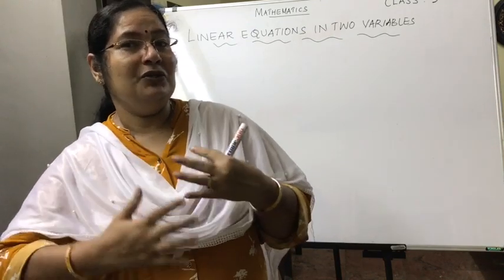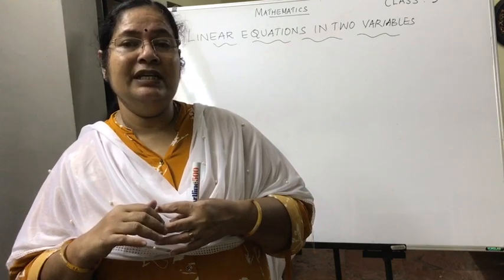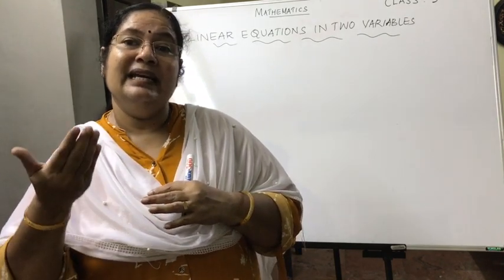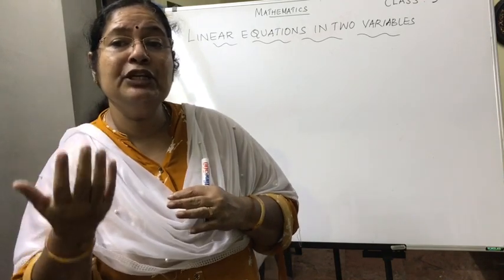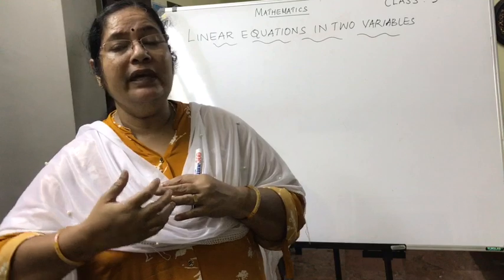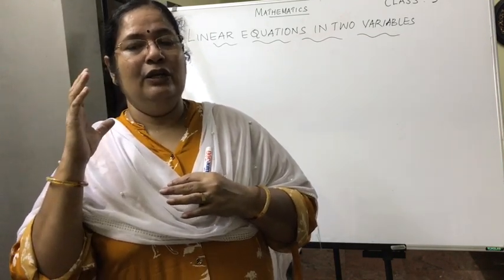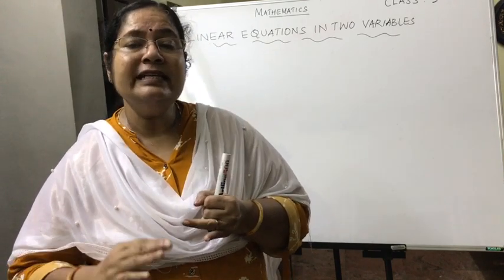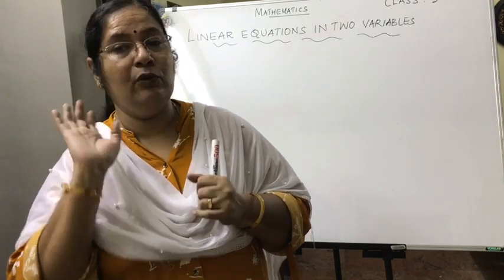But what actually is the concept there? An equation is an expression when it is equated to something. Equated to something means making it equal. So an expression or a polynomial, when it is equated to something, you get an equation.